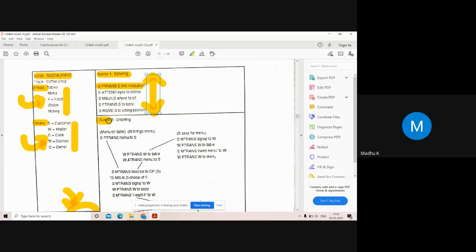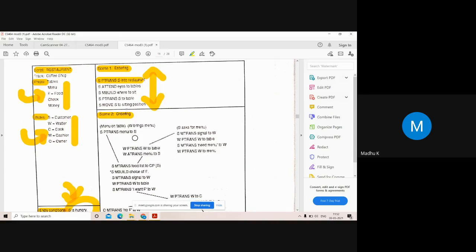Then scene 2. Scene 2 is ordering. So a script contains different scenes. This is scene 1, entering, then corresponding actions will be there.